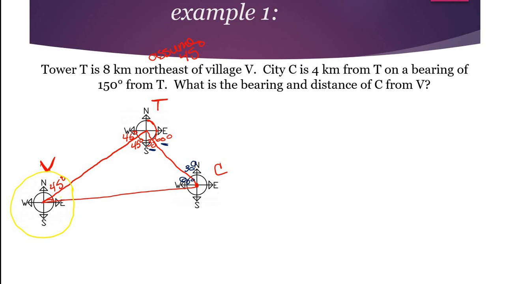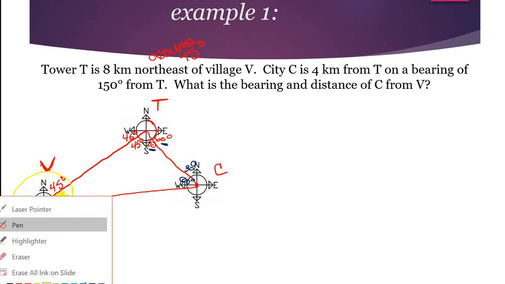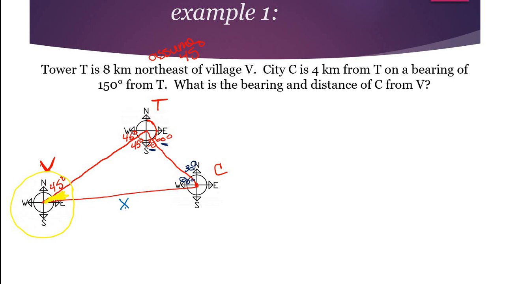So we can't say that this angle I'm shading in as yellow, we can't say that's 45 degrees because we're not coming in directly at the east. All right, so now let's go back to a color you can see better. We want to find this direction, so we want that length, to C from V. So our starting point is V, and the bearing then is starting at V.